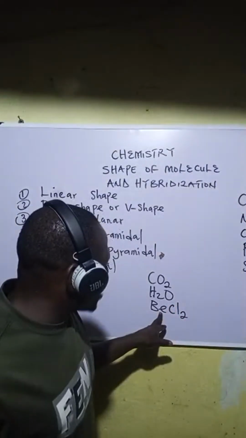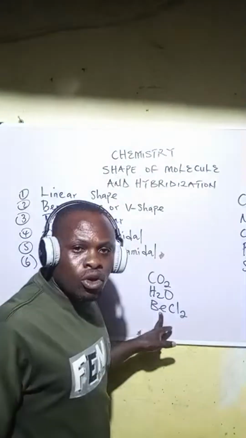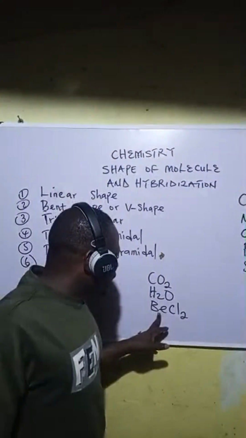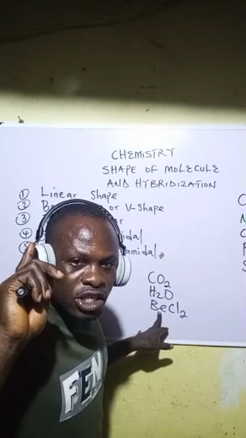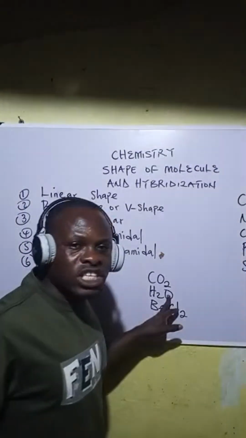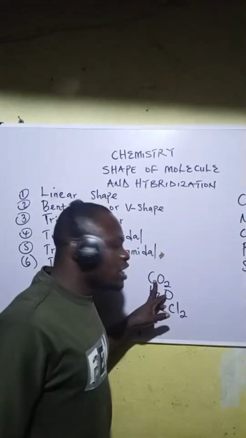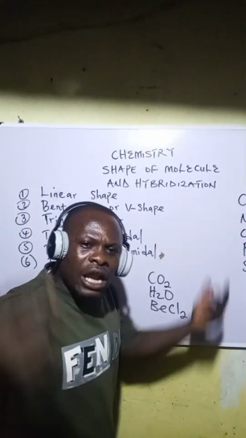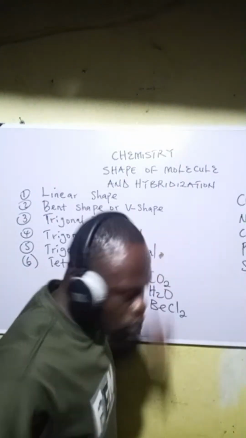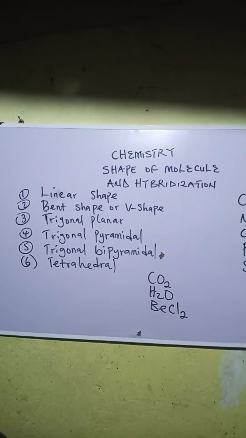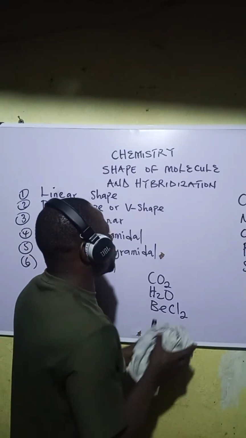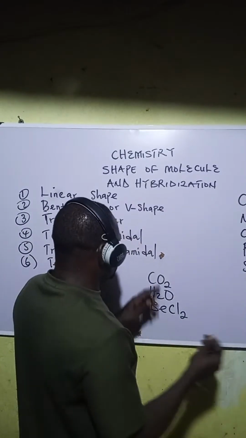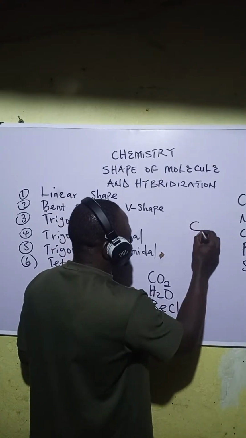We have the central atom, like in the case of this beryllium chloride here. Beryllium is a central atom. Here, oxygen is a central atom. Carbon here is a central atom. Now, let us look at their shape, how they look like. All right, so just follow me as we go. Like, for instance, now, carbon here.